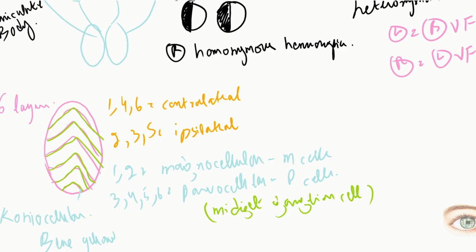Now, let's say this is a left lateral geniculate body. Any lesion occurring in the first two layers, this will be case scenario A, will cause a sectoranopia of the right side, sparing the central vision, because the cells from the magnocellular layers are basically coming from the periphery of the retina, right?